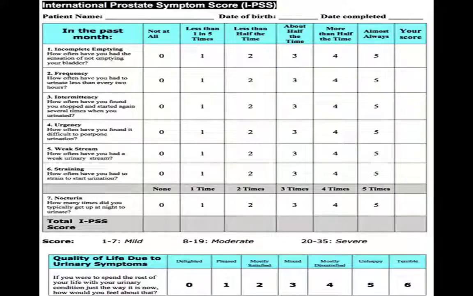If the score is between 1 to 7, the patient has mild symptoms. If the score is between 8 and 19, moderate symptoms. And if the score is between 20 to 35, it indicates severe symptoms.